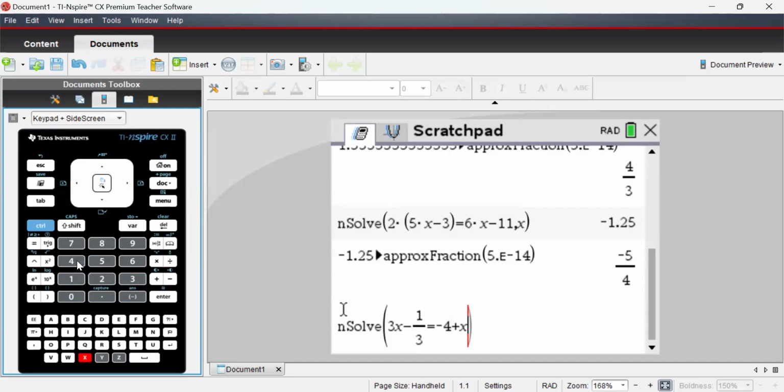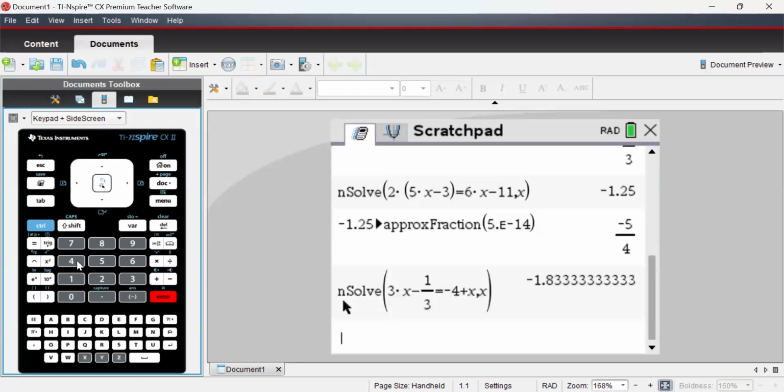Once you get the equation in, last thing we need to put in is comma X and hit enter. All right, we have a repeating decimal. Let's convert that to a fraction.